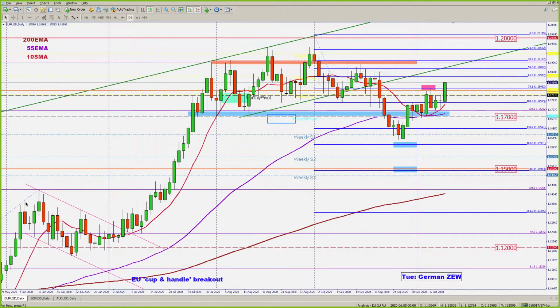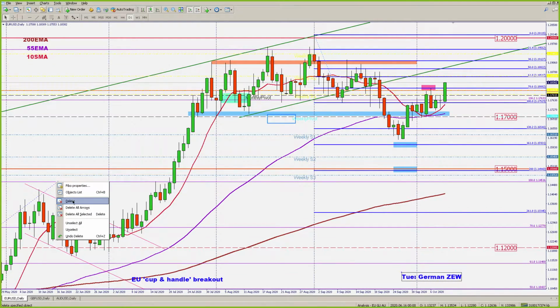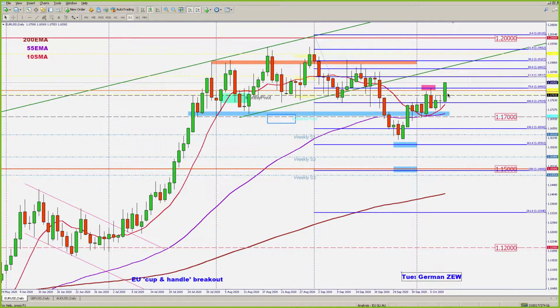I think for now let's remove this fib level so that we don't get confused. This was the breakout through the resistance.